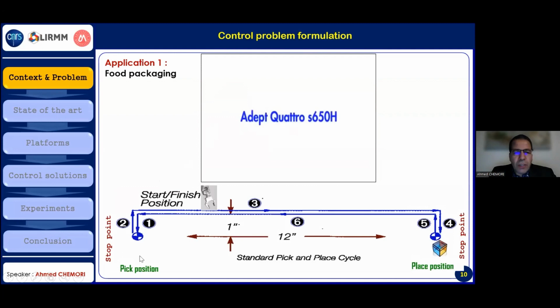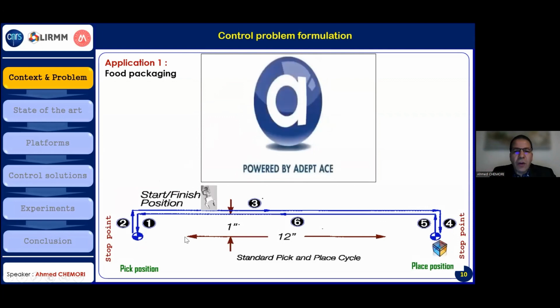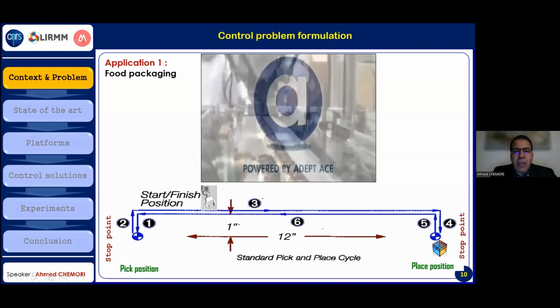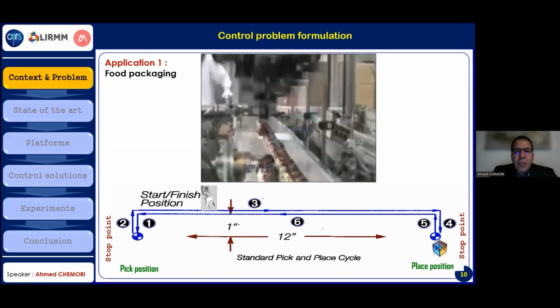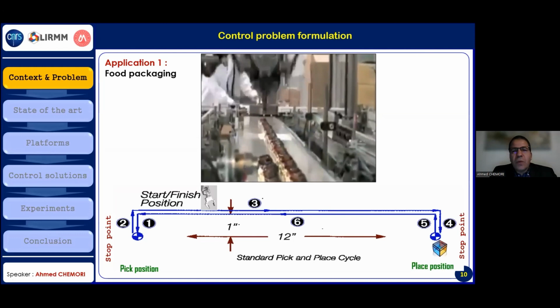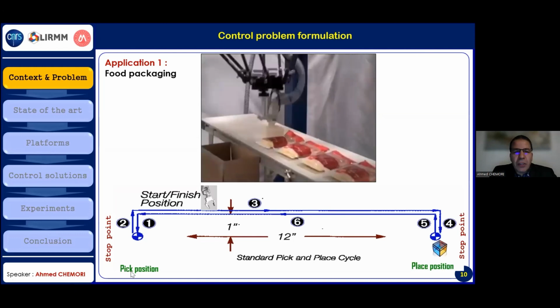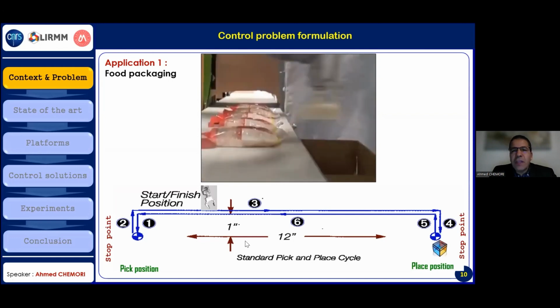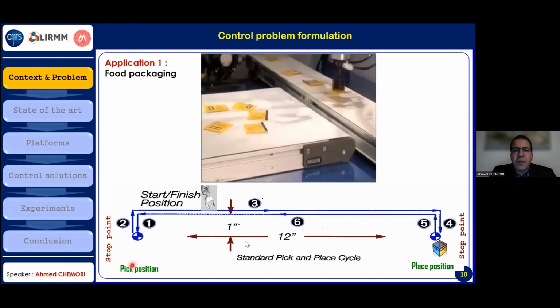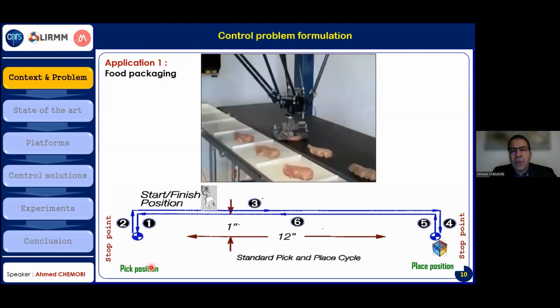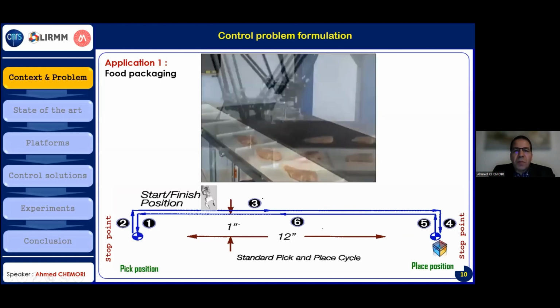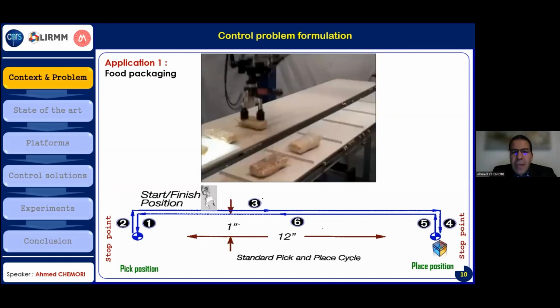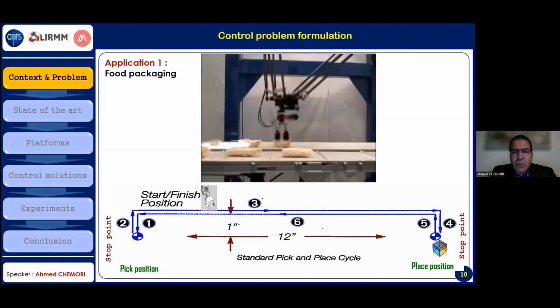At the pick position and the place position we have to stop, to take the object and to place the object, and in between we have to increase the speed and the acceleration. Even if the mechanical structure is rigid, we still have some mechanical vibrations at the stop points, meaning at the pick position and the place position. This is one of the challenges in terms of control of this parallel robot. We have to control the robot while avoiding this problem of mechanical vibrations that may increase the cycle time instead of reducing it.